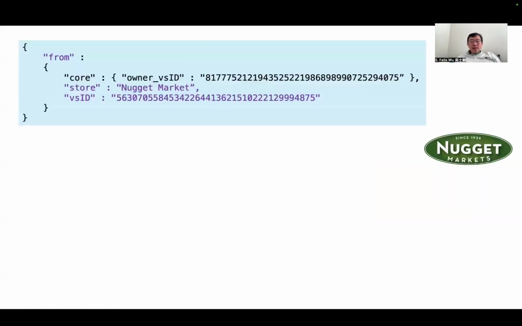And then I have to think about who actually owns the product. Sometimes you want to represent not just the object, but I want to know where this object is, who actually owns this product. In this case, by the way, I'm using Nugget Market. Nugget Market is a very popular, very nice grocery store in Davis, where I have lived for 24 years.